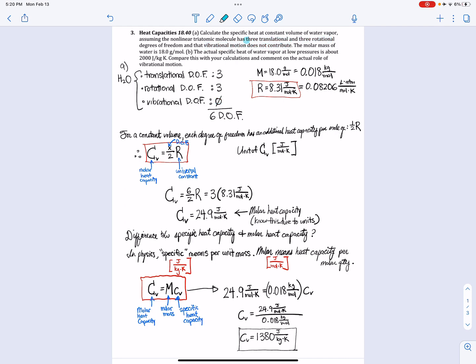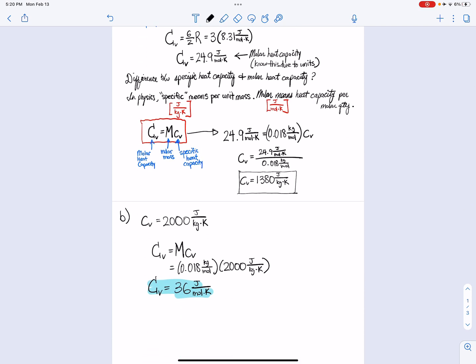So let's compare that with part B. Earlier we had 24.9 joules per mole K. At lower pressure, we got 36 joules per mole K, which is what we solved for in part B. Let's subtract 24.9 joules per mole K from part A, and that would equal 11.1 joules per mole times Kelvin.